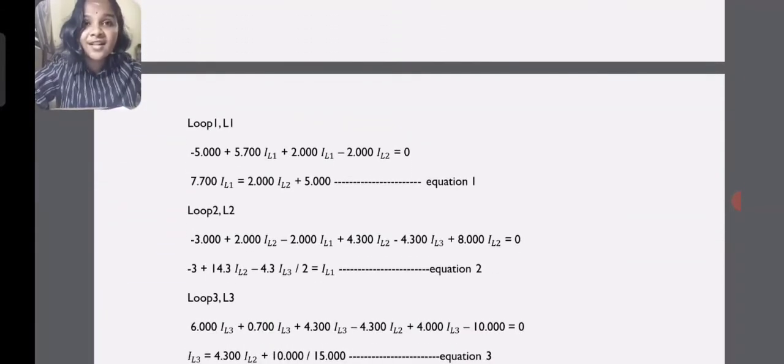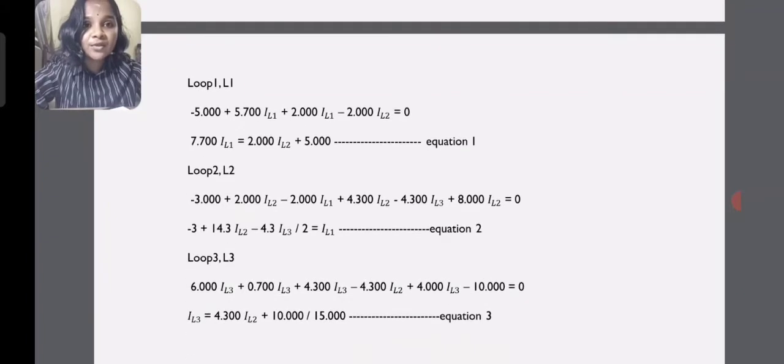So as we rearrange the equations, for loop 1, 7.7 times IL1 is equal to 2 times IL2 plus 5. This will be considered as our equation 1. For loop 2, (negative 3 plus 14.3 IL2 minus 4.3 IL3) divided by 2 is equal to IL1.